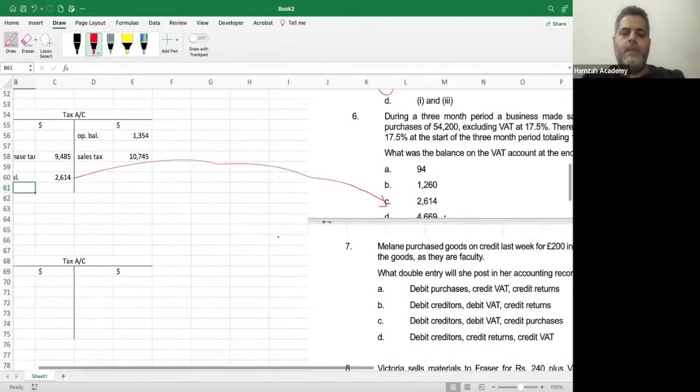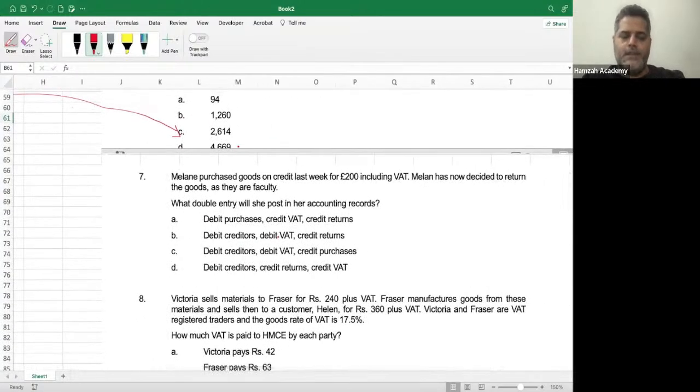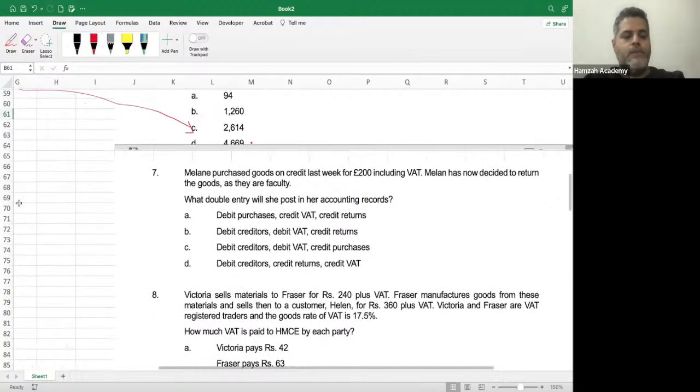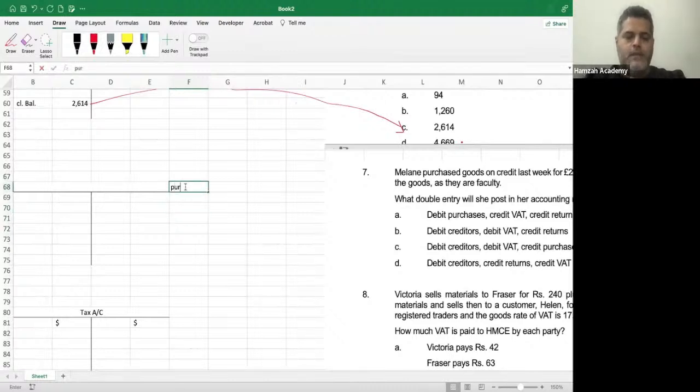2614. Then Milan purchased goods on credit last week for 200 including VAT. Milan has now decided to return the goods as they are faulty. What double entry will she post in her accounting records? First she bought and now she wants to return, so the logical thing is that she is going to pass the double entry for the purchase return. When she purchased, she would do the double entry as debit purchases, debit tax, and credit payable.